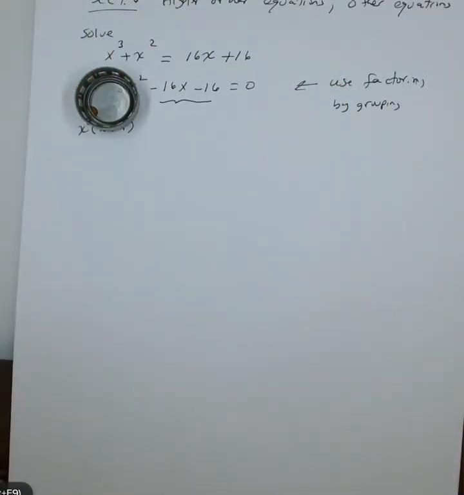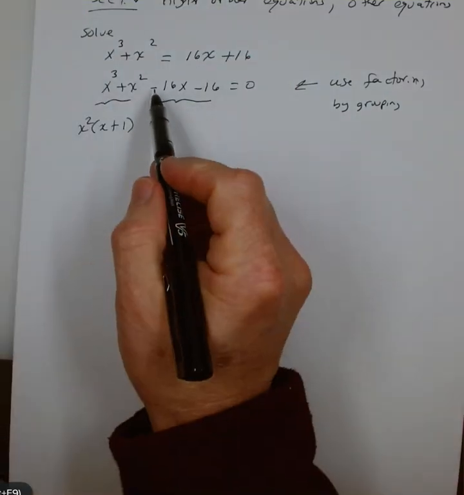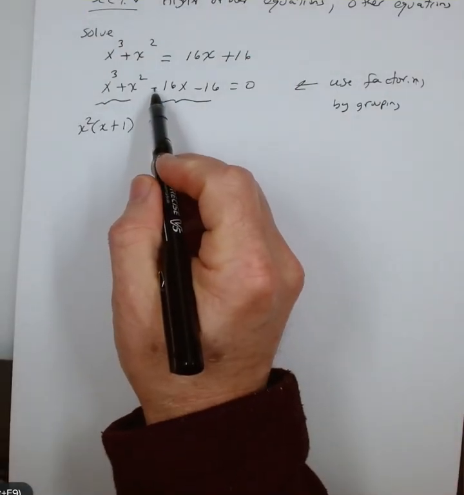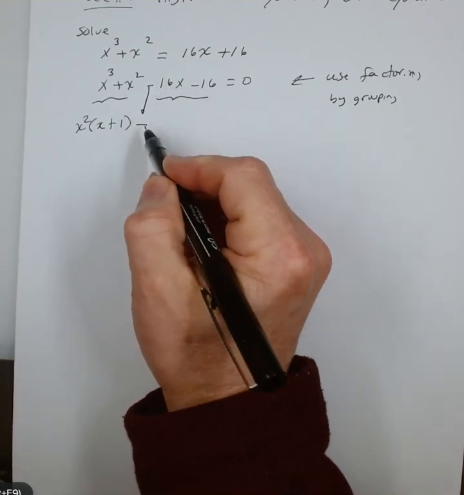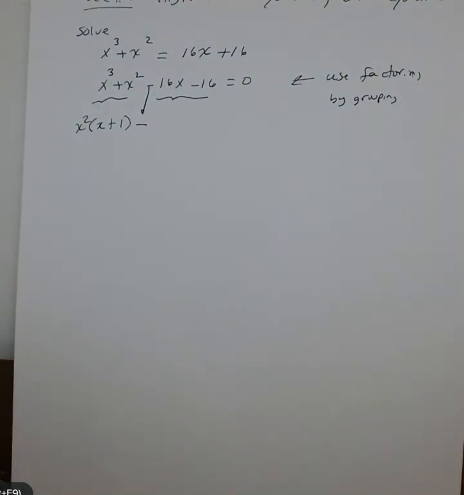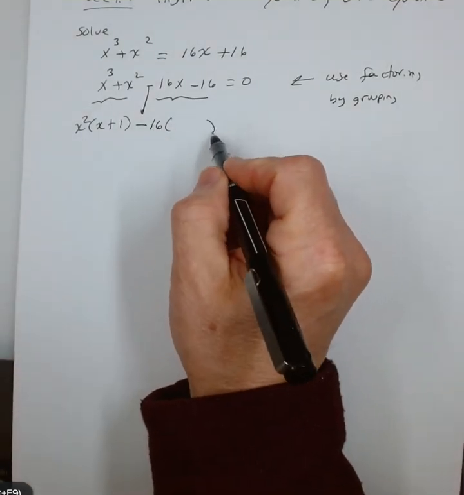My second group, negative 16x and a negative 16. What's the GCF there? Negative 16. And always keep this in mind: whatever that middle sign is, that's the one you're going to take out. So you're going to say minus, and then factor out a negative 16.